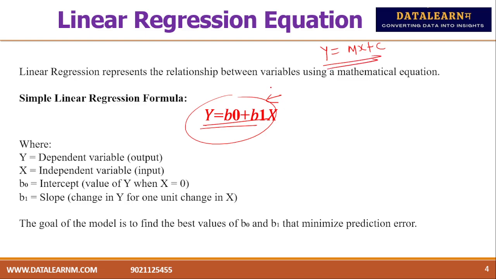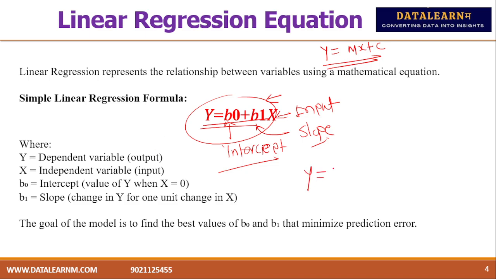Okay, so you can try to understand with the help of this also. b0 is nothing but the intercept value over here. What is b0? Intercept value. What is b1? b1 is the slope of the line and x is the input. So this formula is for simple linear regression.